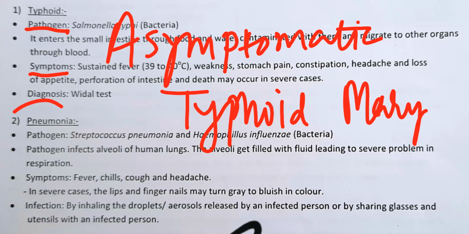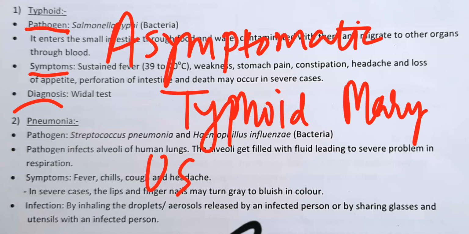Interestingly, she never had symptoms of it. She never suffered from fever and infection in the small intestine and so on. So, as an asymptomatic carrier of salmonella, she migrated to the US. In the US, she opted for the profession of cook.